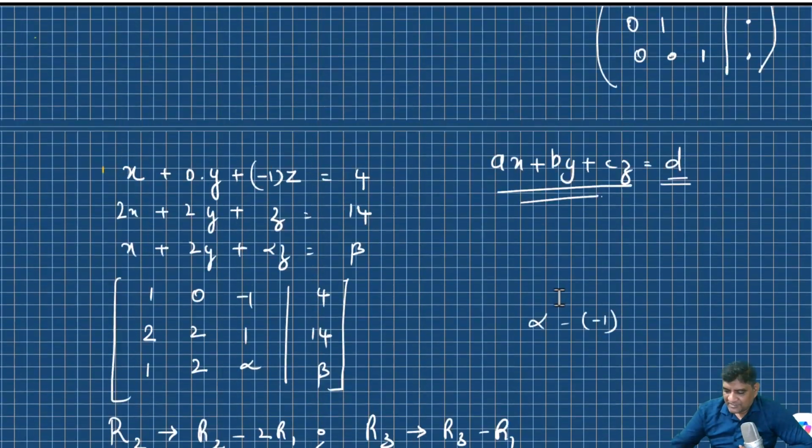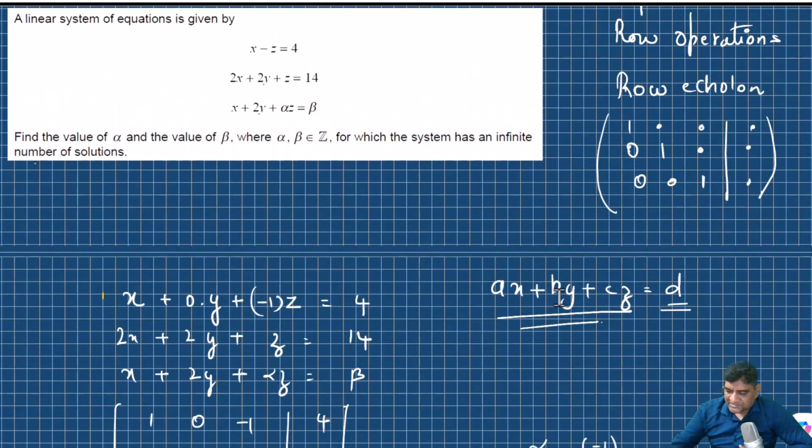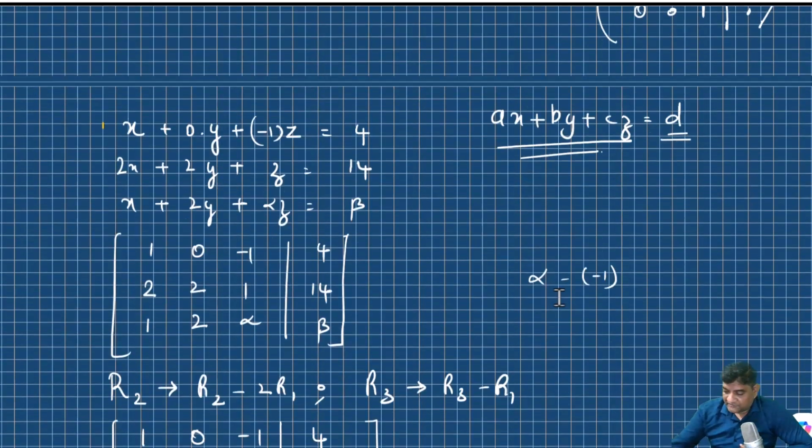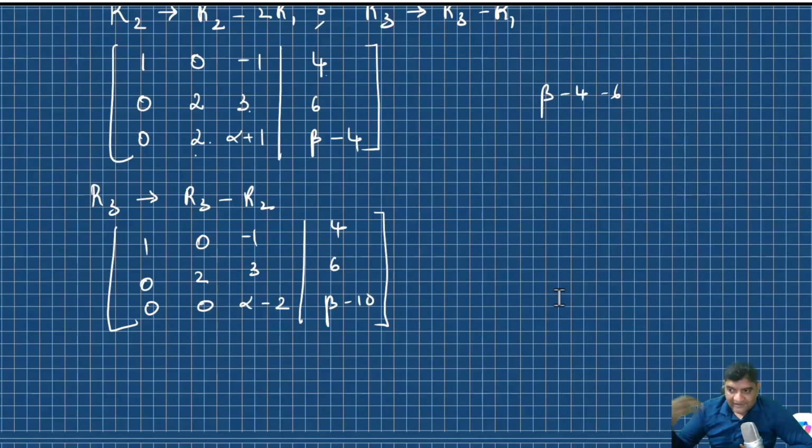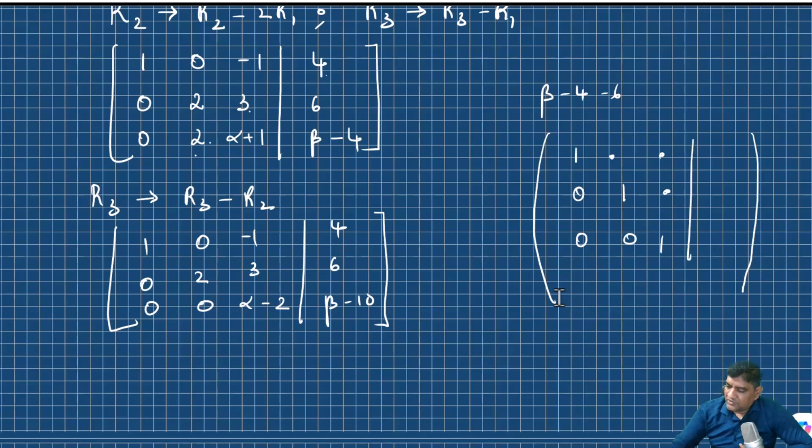Now there's this information in the question which says that the system has an infinite number of solutions. While solving a system of linear equations using the row-echelon or the augmented matrix method, if I end up with something like this, 1, a value, 0, 1, a value, 0, 0, 1 equal to some value, that is the ideal scenario.